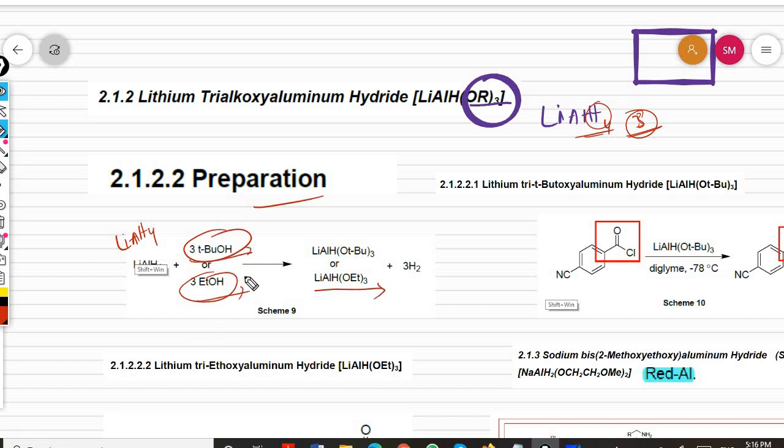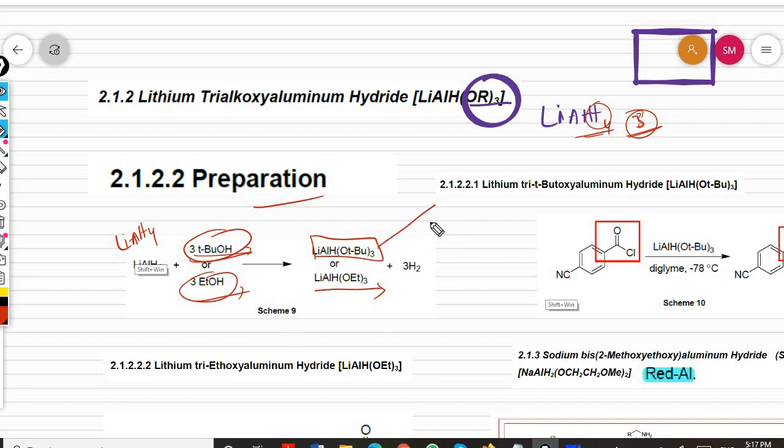If you want to make tri-tertiary-butoxy lithium aluminum hydride, you need to treat with 3 moles of tertiary butyl alcohol. The 4th mole is not possible because of steric hindrance, so only up to 3 alkyl groups are going to replace the hydrogens. So this is the preparation.